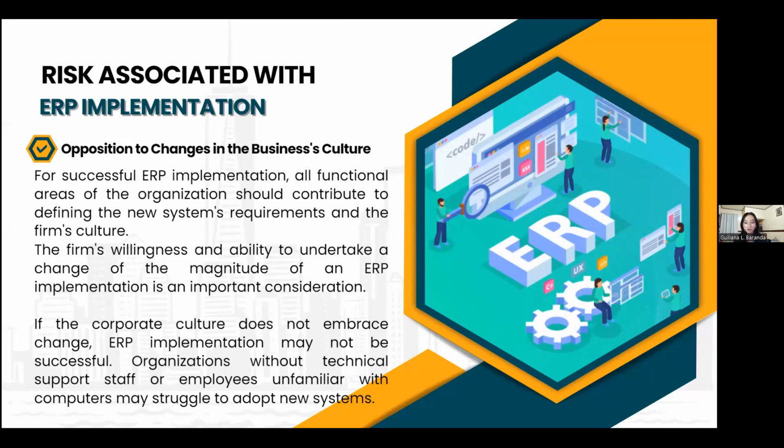If the corporate culture does not embrace change, ERP implementation may not be successful. The technological culture must also be assessed. Companies without technological support for the new system or with employees who are not familiar with computer technology may struggle to get their workers to accept the new system. Next slide.